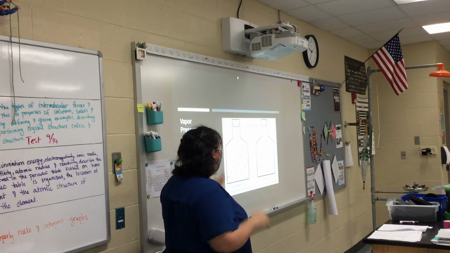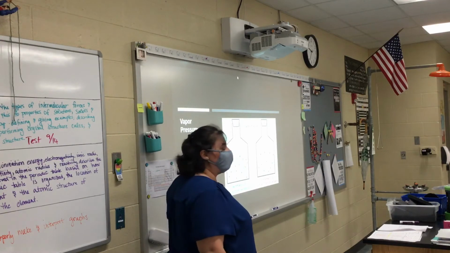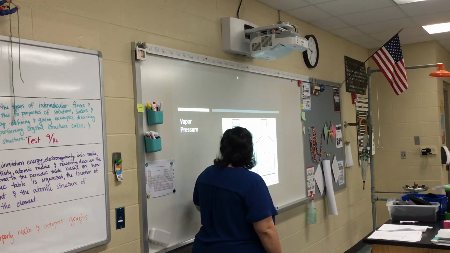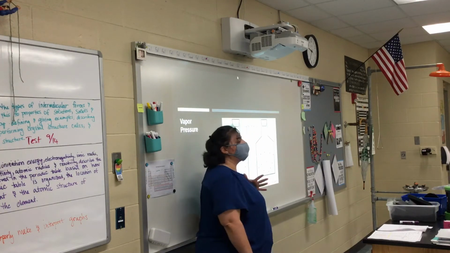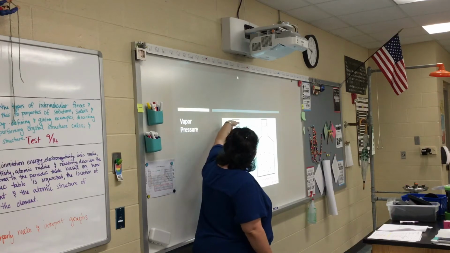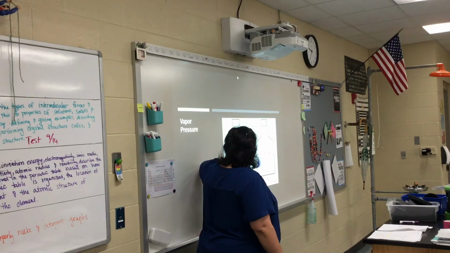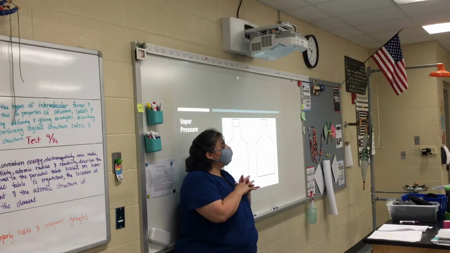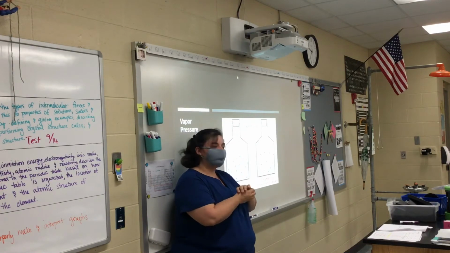Okay, so yes, the last time I saw you, we talked about vapor pressure and how if we just have a liquid in a sealed container, pretend that's completely sealed off, we're going to have some water molecules that have enough energy that they can escape into the gas phase.